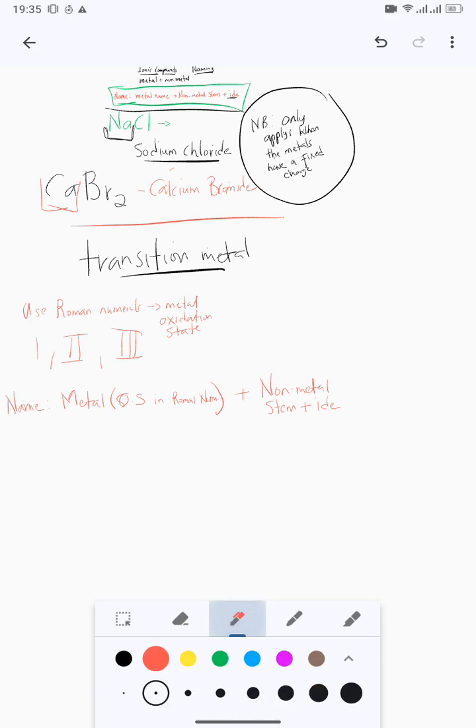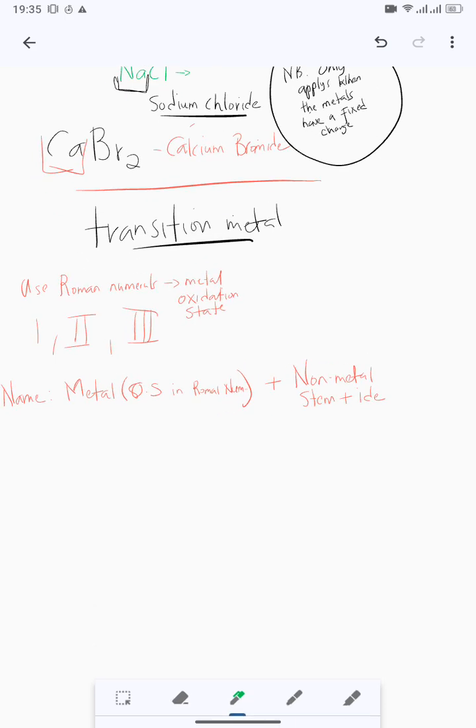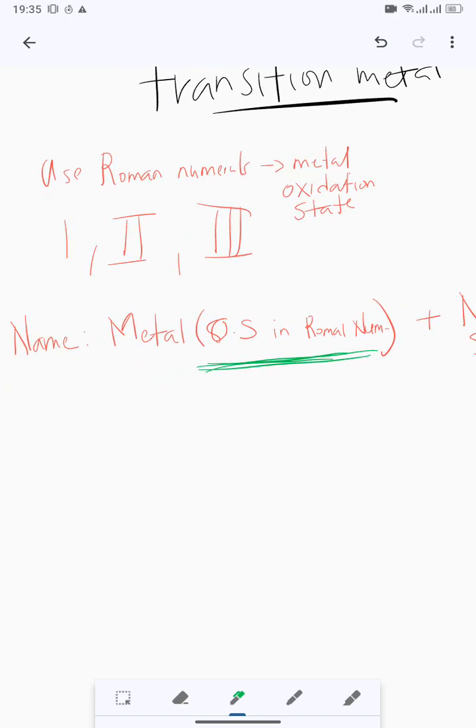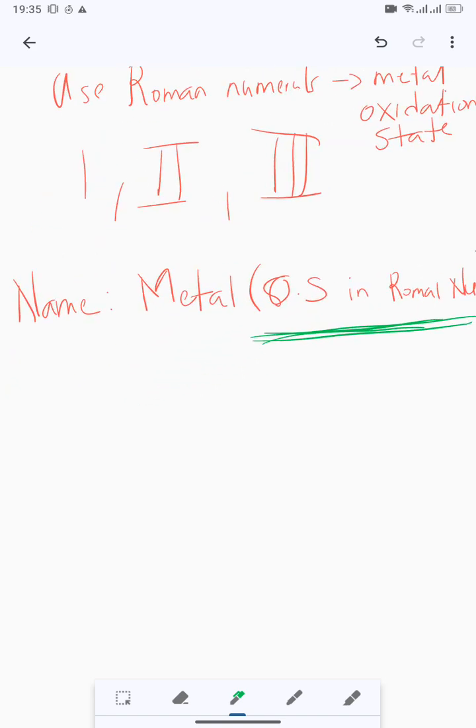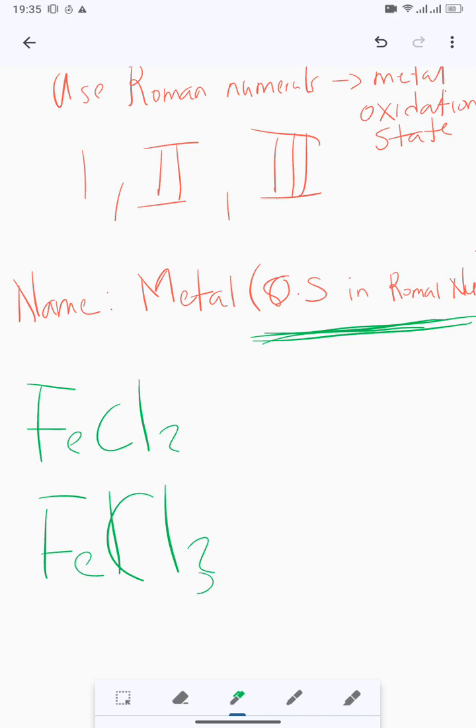But since it's a transition metal, and transition metals don't have a consistent charge due to their oxidation state, you write the metal and then include the Roman numerals indicating the oxidation state. For example, if you have these two compounds and you have to name them, how will you name this?